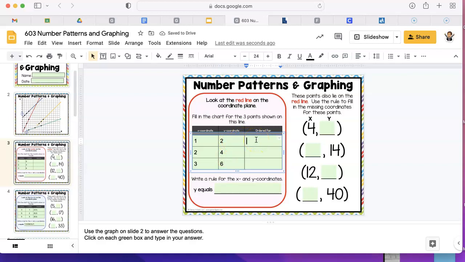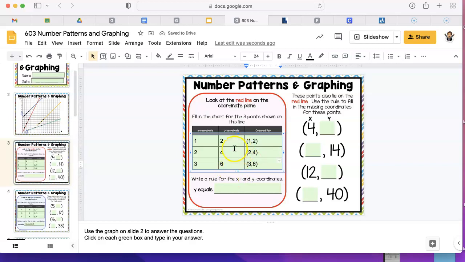And then we put the coordinates in an ordered pair, which you know how to do because we've been doing this since the beginning of 5th grade. I will put them in parentheses: (1, 2), (2, 4), (3, 6).